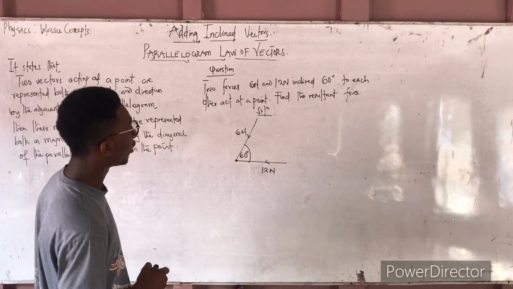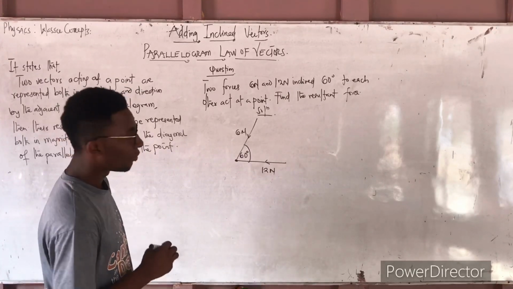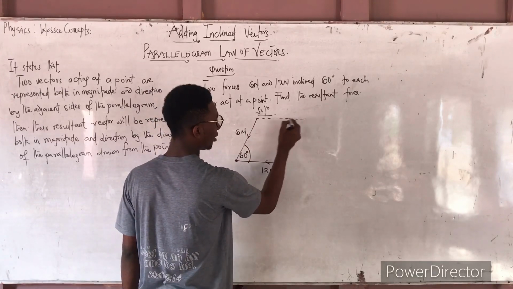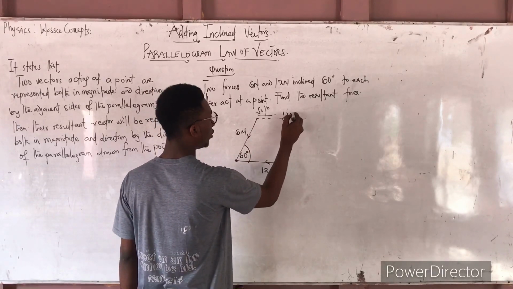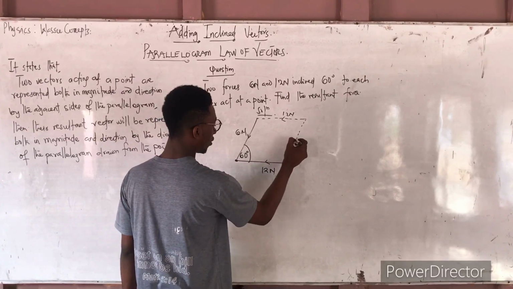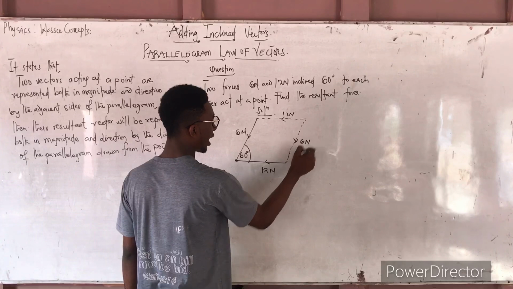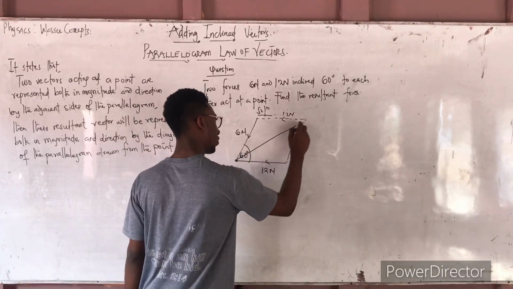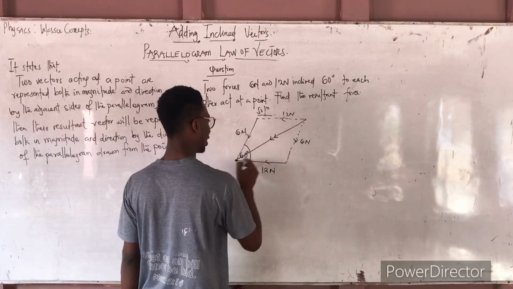How do you find the resultant force? Using the parallelogram law of vectors. So therefore, we have to draw the adjacent side, which is also here 12 Newtons, to complete the parallelogram. And we take the diagonal, meeting at the same point.